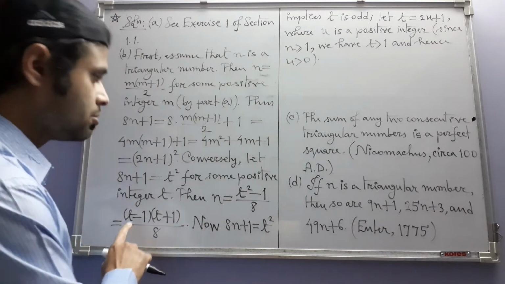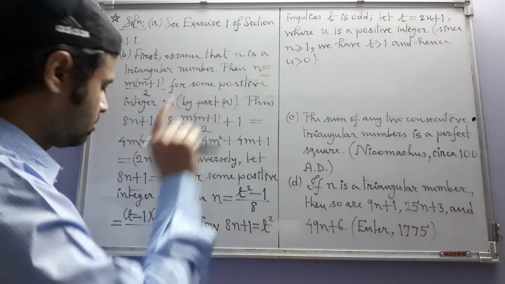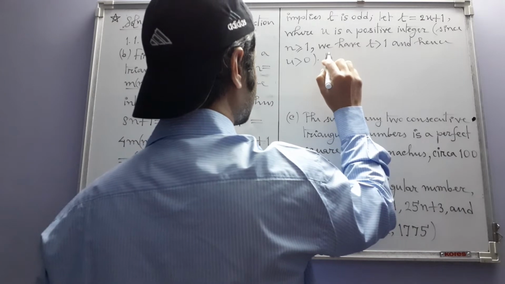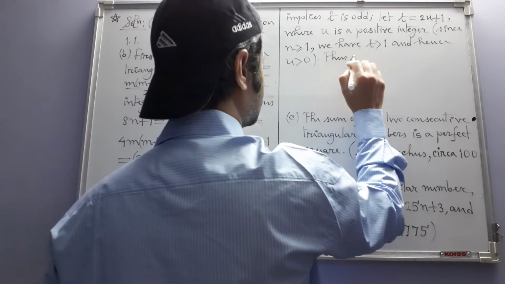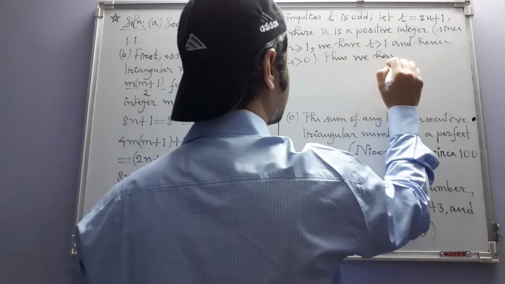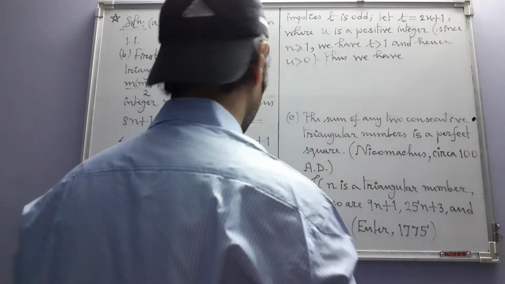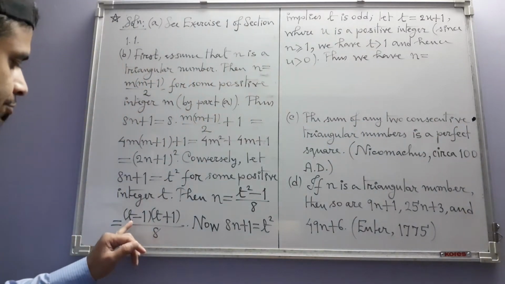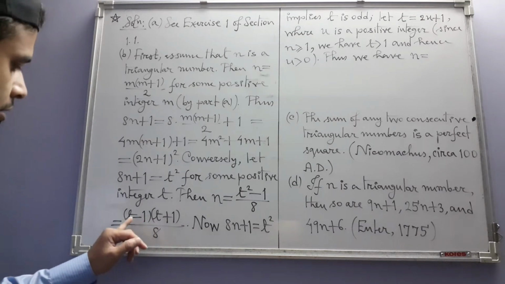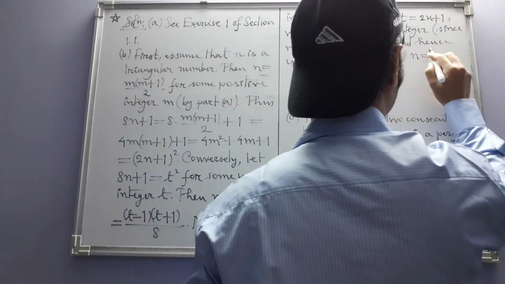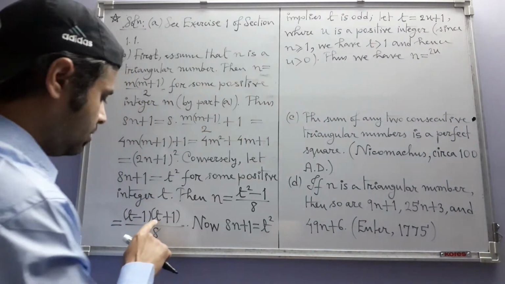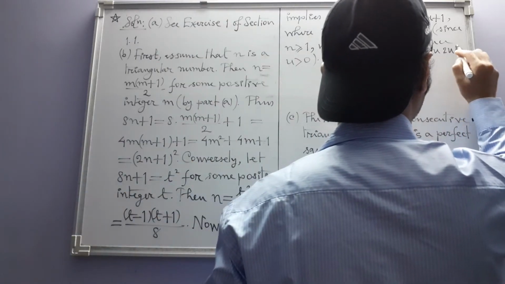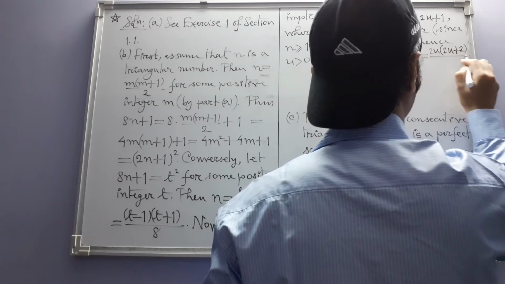Now we use the expression of t here. Thus we have n equal to, so if we put t equal to 2u plus 1, then here we get 2u, and here we get 2u plus 1 plus 1, 2u plus 2, divided by 8.